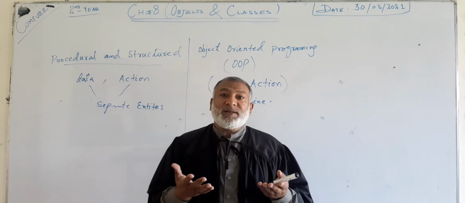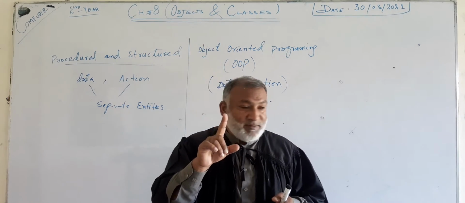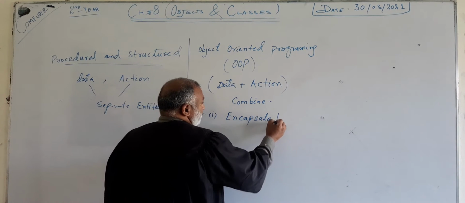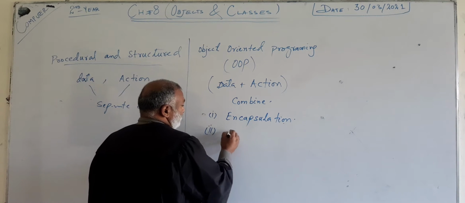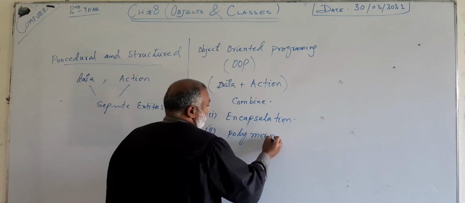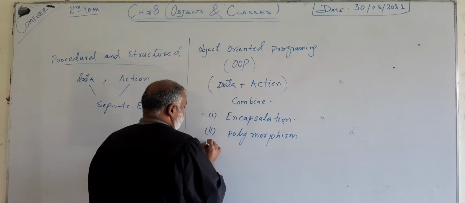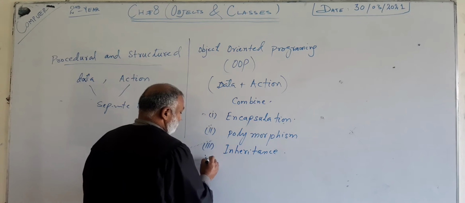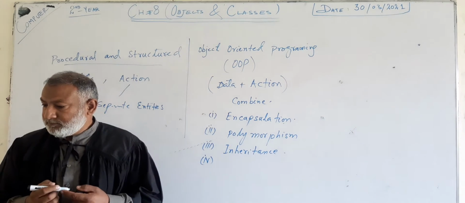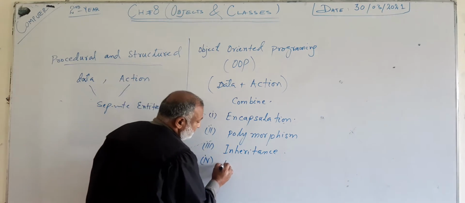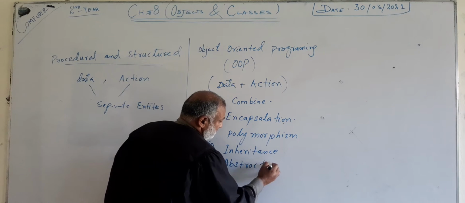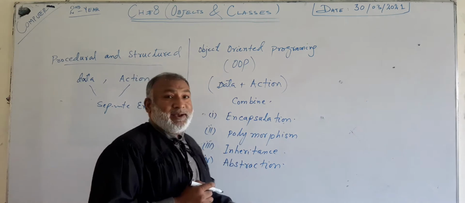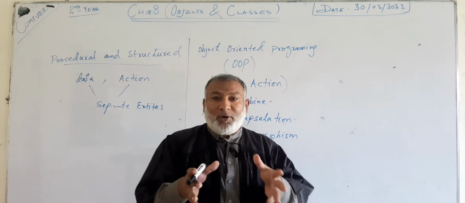And since we know that C++ is object-oriented, because of these four principles, it supports number one, encapsulation, polymorphism, inheritance and abstraction, so that language is called a pure object-oriented language.